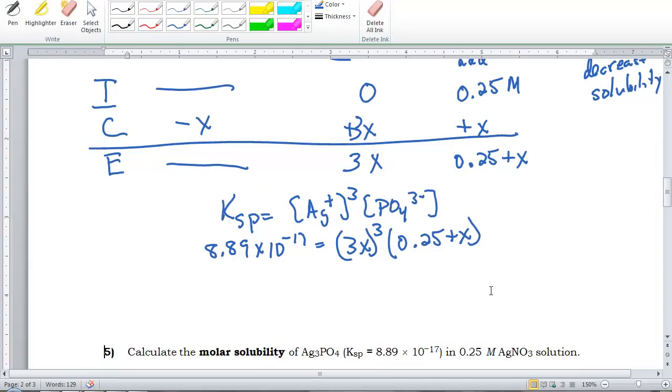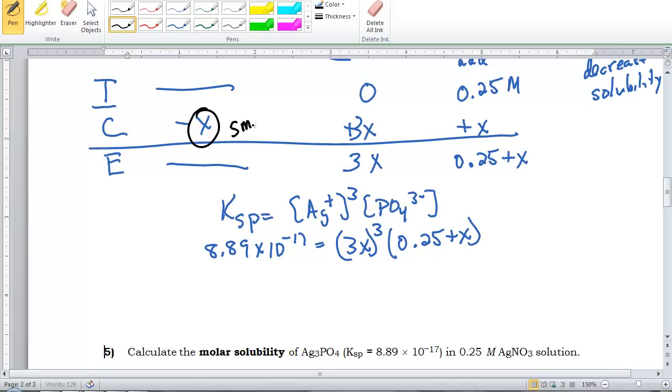So compare your work, and hopefully you're writing all this down, compare your work on the problem where silver phosphate was dissolved in pure water to this solution. And the only difference is this 0.25. Okay? Now, look at the magnitude of your KSP. What do you notice? Yeah, it's really small. Not much of this salt is going to dissolve.